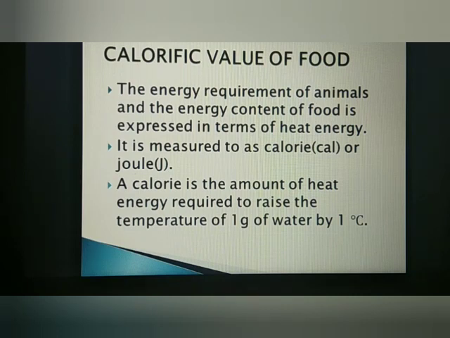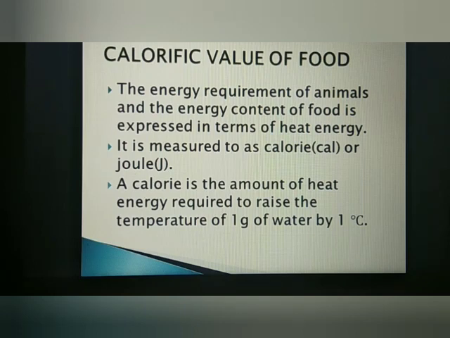The main foods from which we get energy are carbohydrates, proteins and fats. The energy content of food is expressed in the form of heat energy present in the food. That is, when the food breaks down, what is the energy that we are getting?